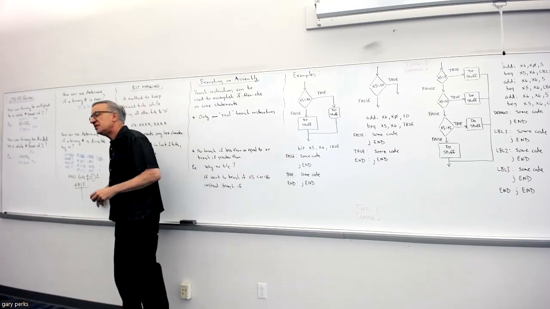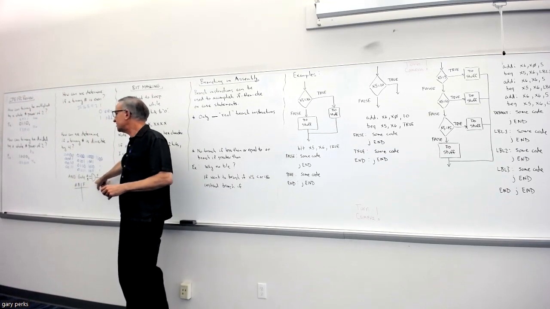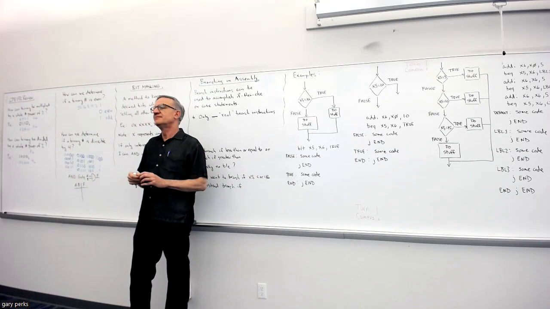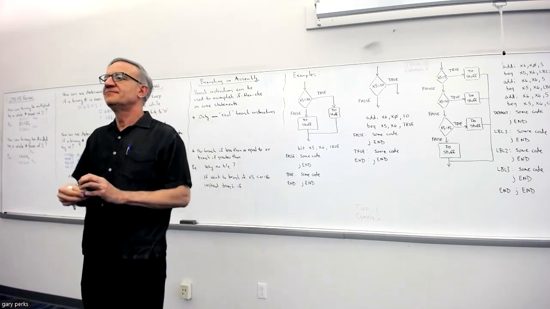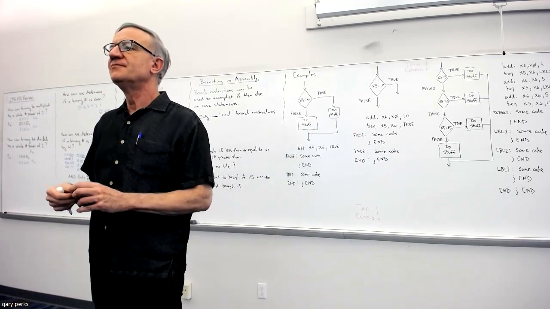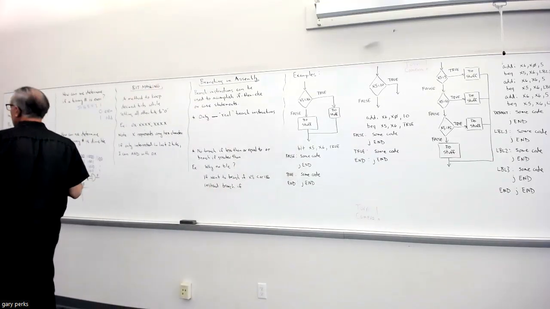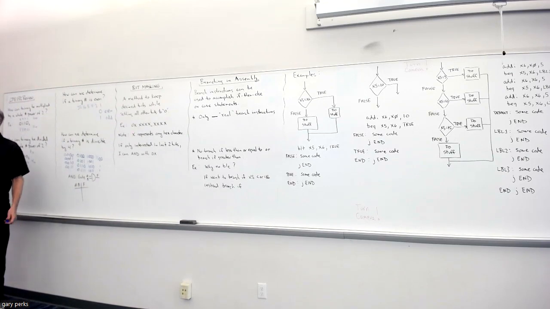So who can tell me the truth table for this 2-input AND gate? 0 all down the board until A and B are 1. Right. Yeah, in order to get a 1 out of an AND gate, all your inputs have to be 1. Now, this is a 2-input AND gate, so 2 inputs have to be 1 to get a 1 out. But if you had a 3-input AND gate, a 16-input AND gate, a 32-bit AND gate, it would be the same thing.